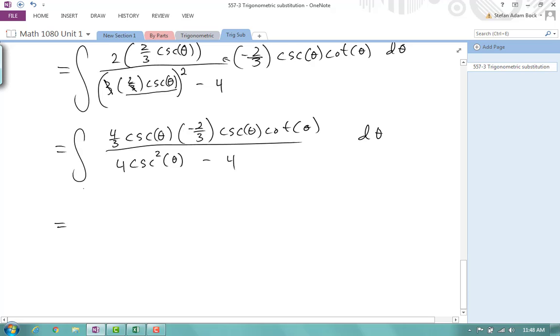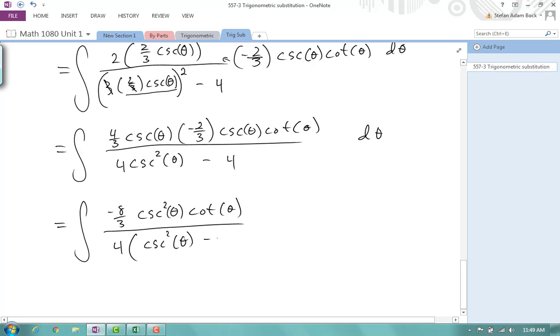But if I were to factor out the 4 from the denominator, I've got negative 8/3 on top, cosecant squared of theta, cotangent of theta, and on the bottom I'll have 4 times cosecant squared of theta minus 1.